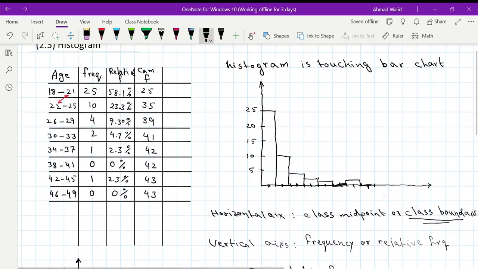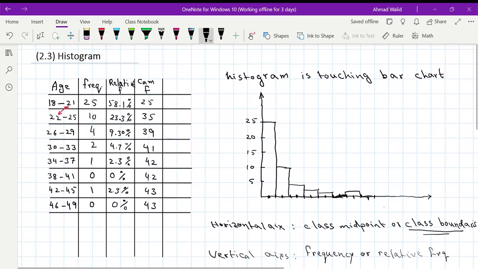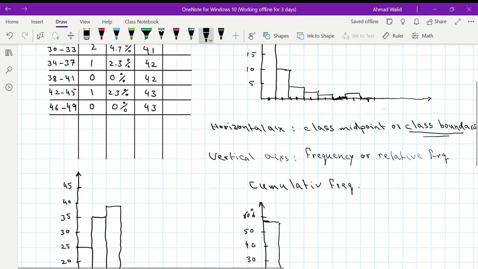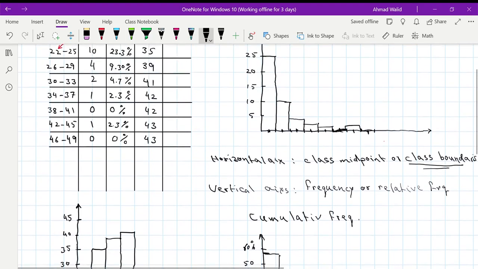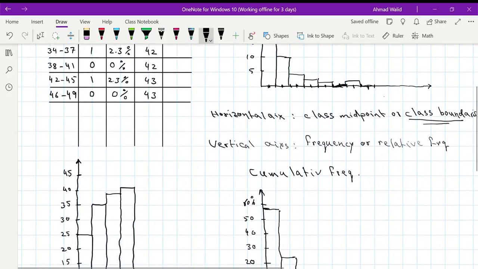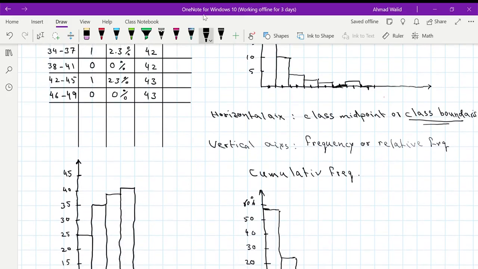The next one is 41, which is a little bit higher than this graph. The next one is 42, 42, 43, 43. 42 and again 42, two of them 42.